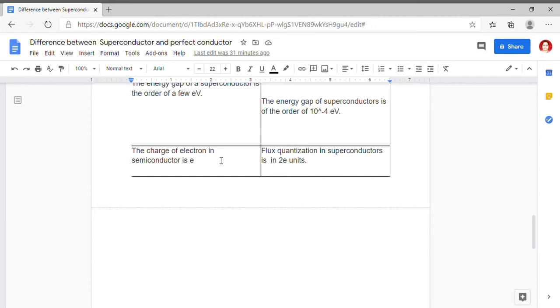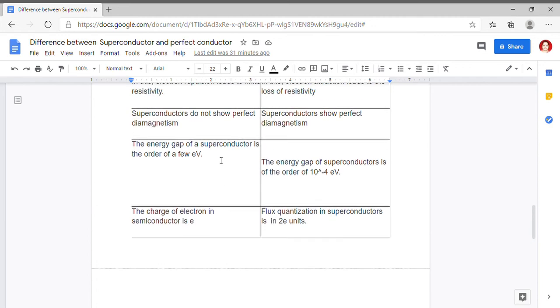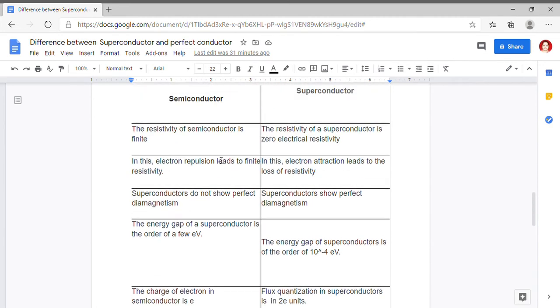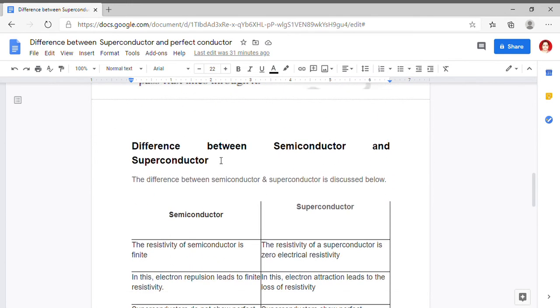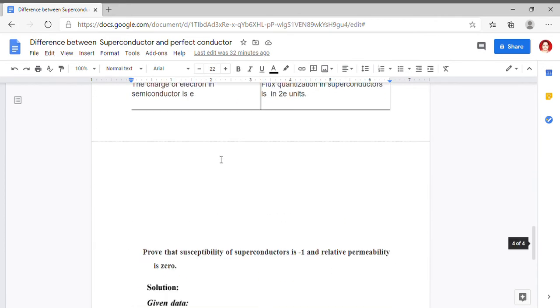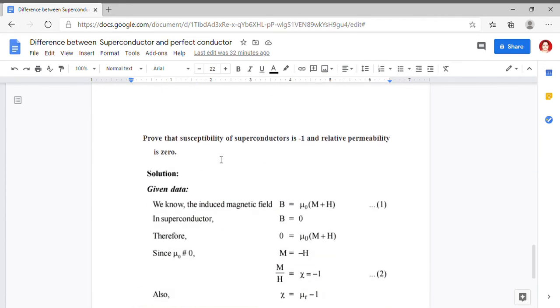So both materials, superconductor and semiconductor, have very different properties. Now, I am going to discuss the important property of superconductor.